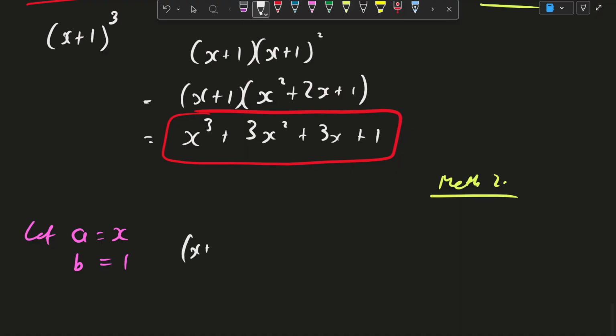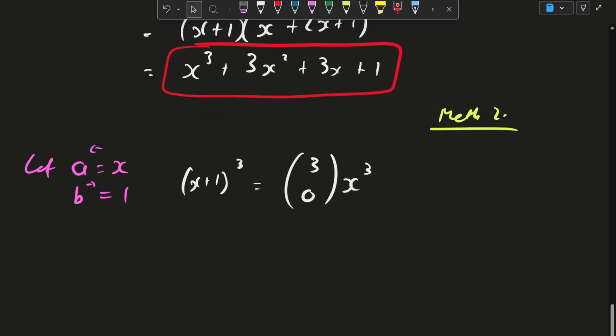So x plus 1 cubed. That's equal to, firstly, 3 choose 0. This is moving no amounts to the right, so that's going to be x cubed. Plus, on row 3, move to the right once. So we're going to have 1 multiplied by the amount of left squared.